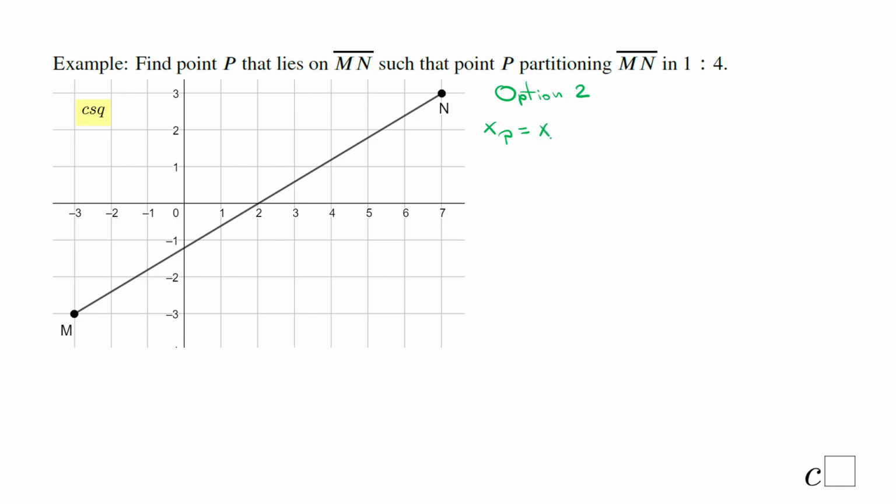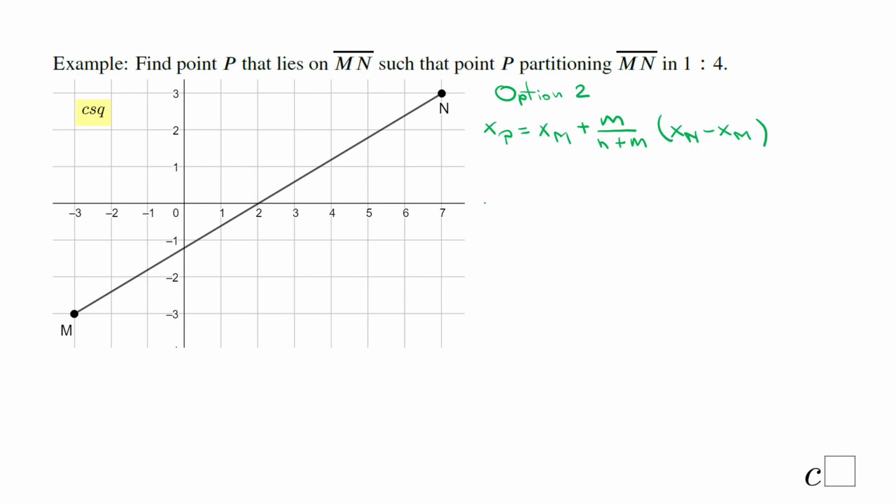We start with the endpoint because that's the first one, plus if you remember, it's very important, start with m first, m over n plus m. And here, very important, you start with the second point, in this case n minus xm.